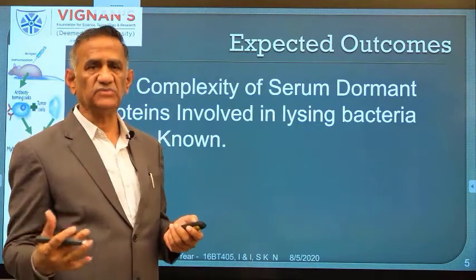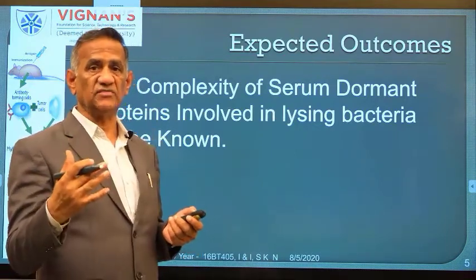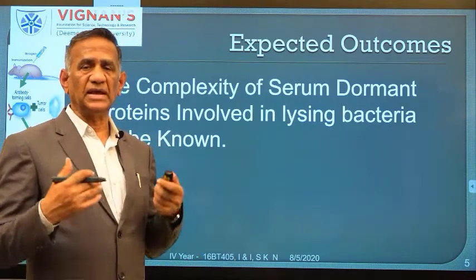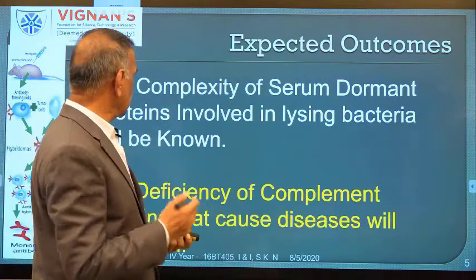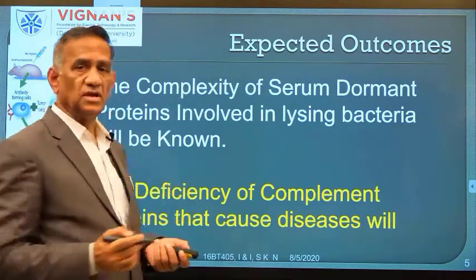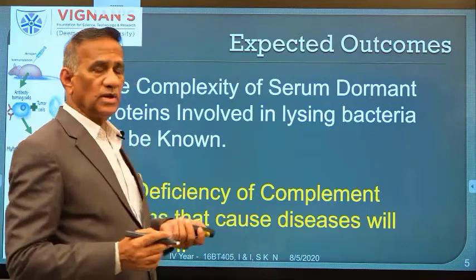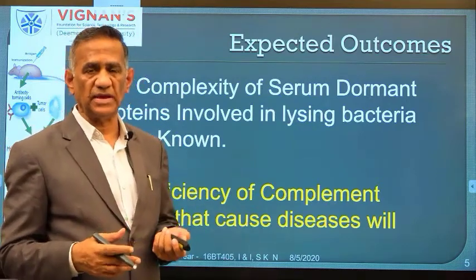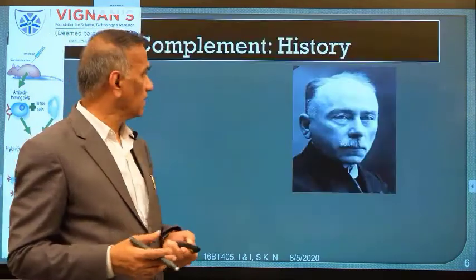Why we need to understand it is that if there is any deficiency in this cascade of events, a person, a host system, becomes ill. Now, the deficiency of complement proteins that cause diseases will be known. So these are the two expected outcomes that we anticipate from the learners after the completion of this topic. They will get familiarized.